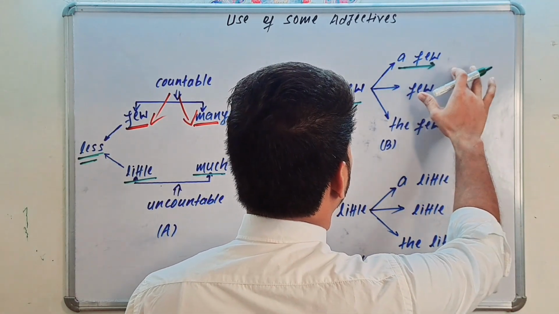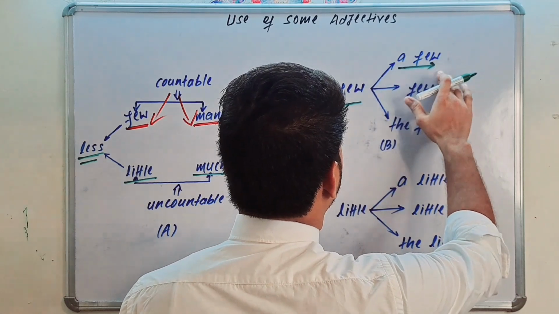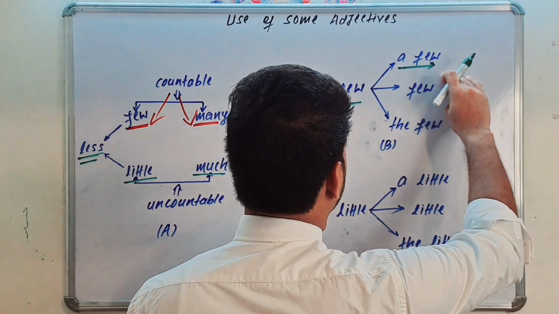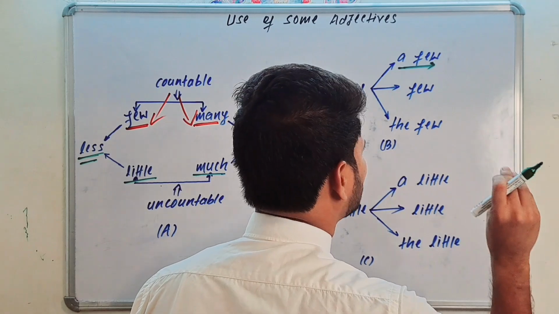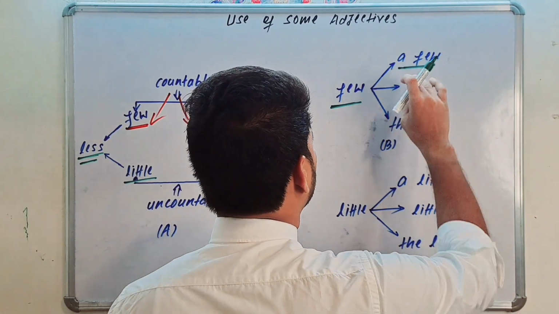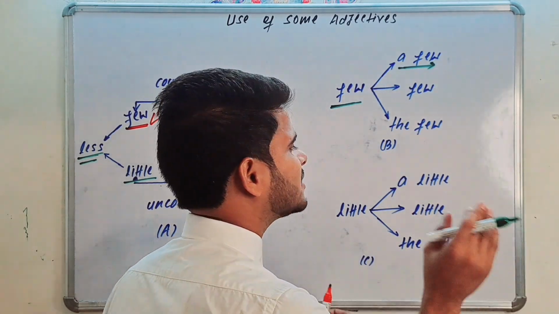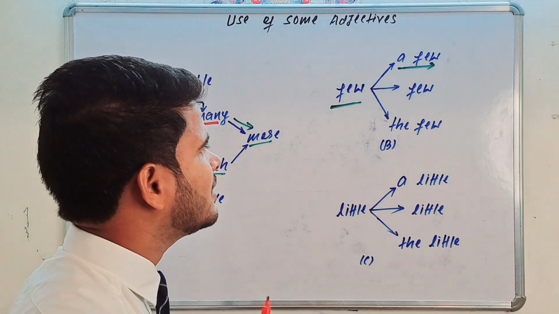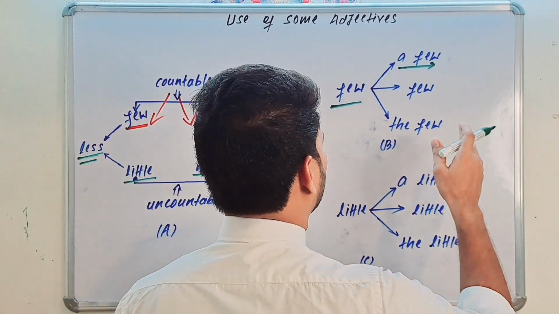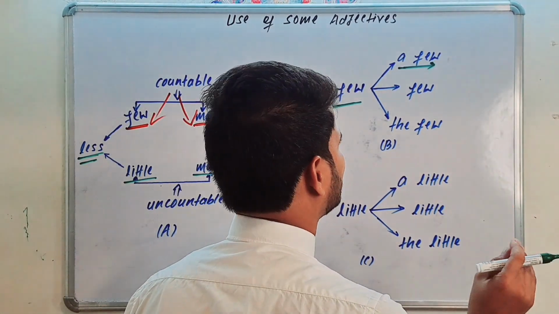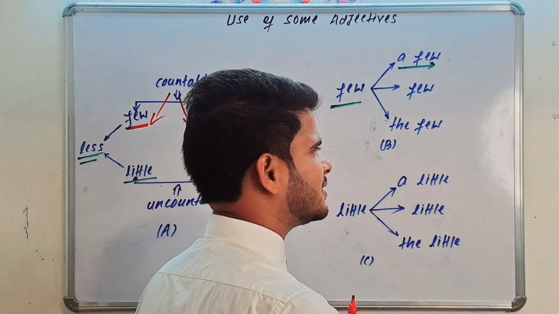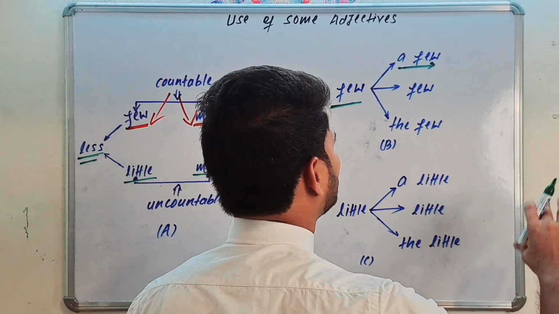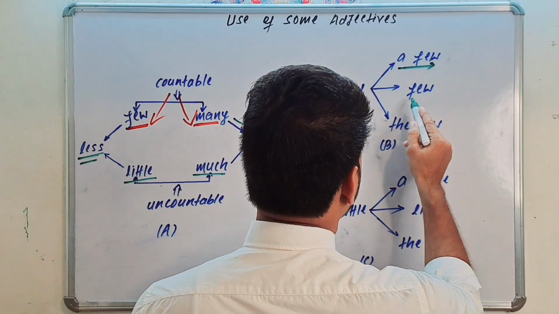Whenever we use a few in a sentence, that means less in number, but equal to something. That means there is something, less in number, but there is something.